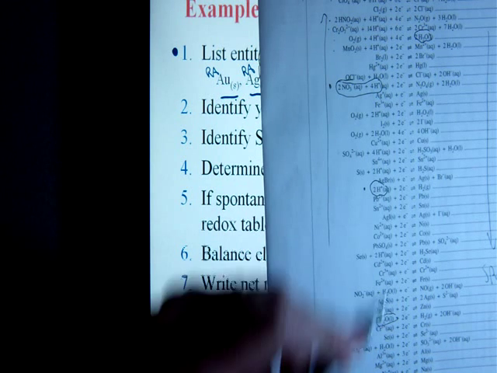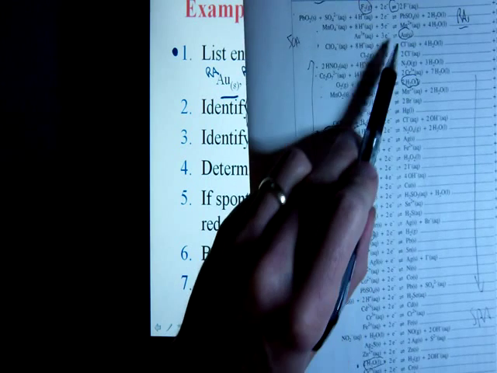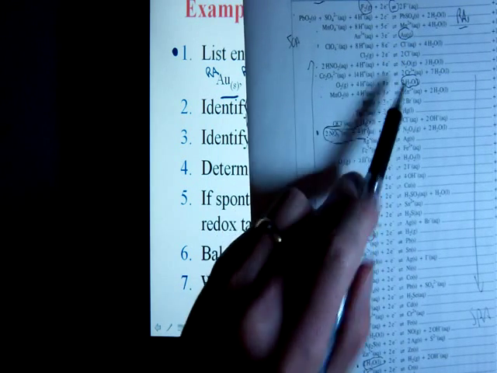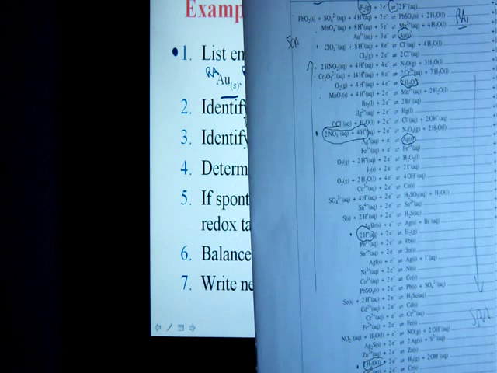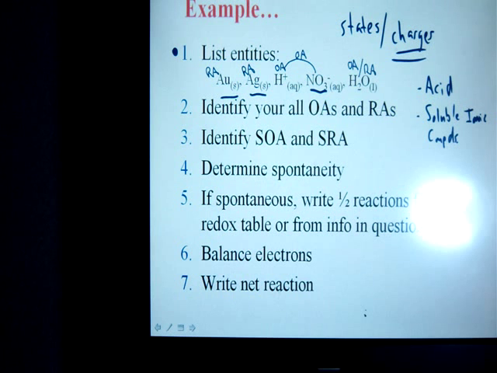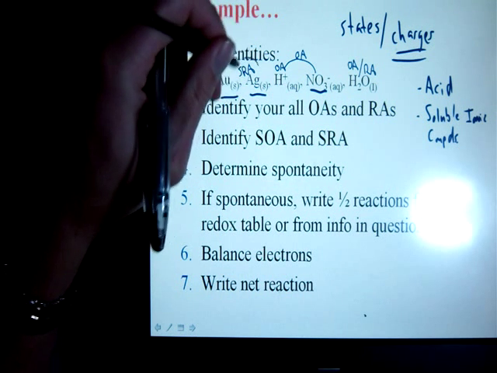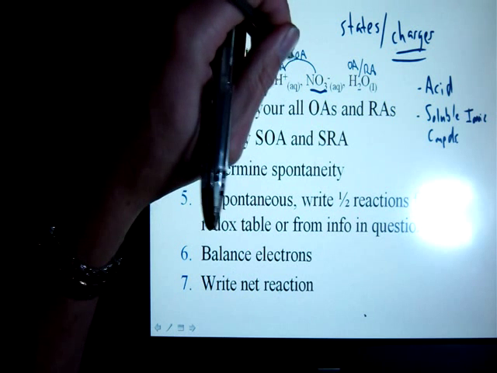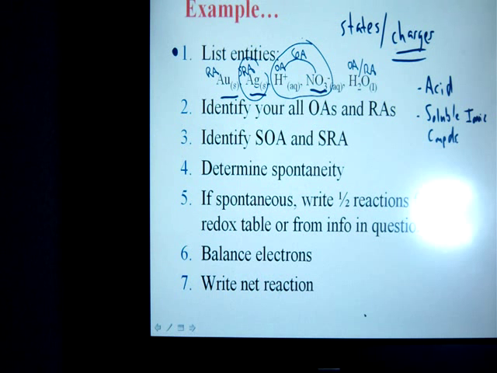And for our reducing agents, we have gold, we have pure water, and then we have silver. Silver is the farthest down on the right-hand side, so therefore it's my strongest reducing agent. So that means that's my SRA, and the combination of H and NO3 is my strongest oxidizing agent.